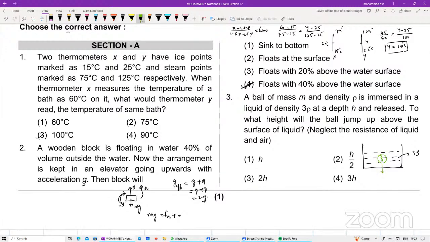The mass of this one is m, that means its weight is mg. It is immersed in a liquid of density 3 rho at a depth of h and released. It means the depth up to which it has been immersed is h. So to what height will the ball jump above the surface of the liquid?